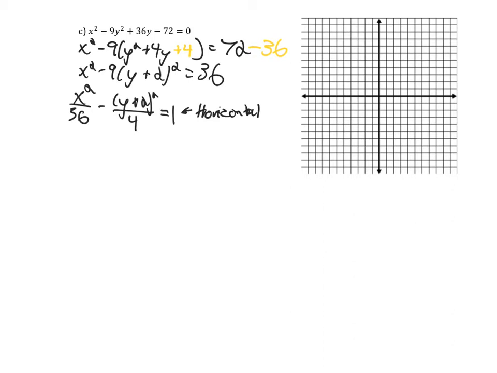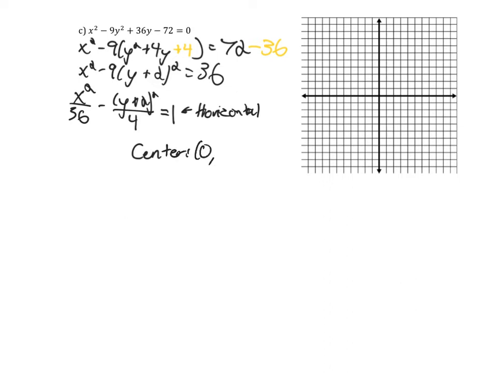So let's start listing out what we know. We know the center. Center is going to be at 0, negative 2. A is going to be 6. B is going to be 2.